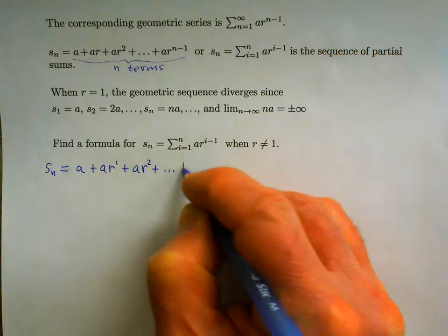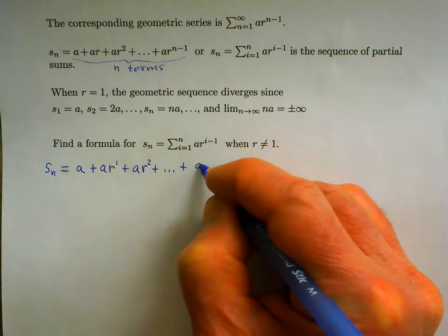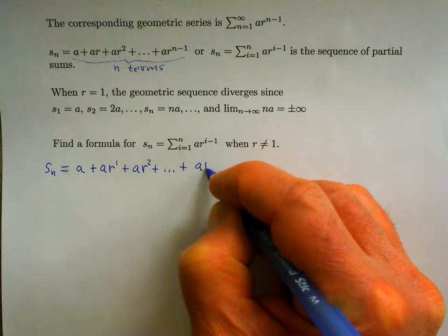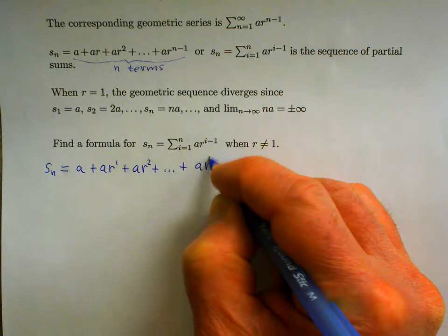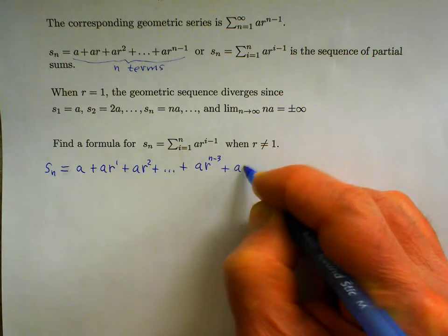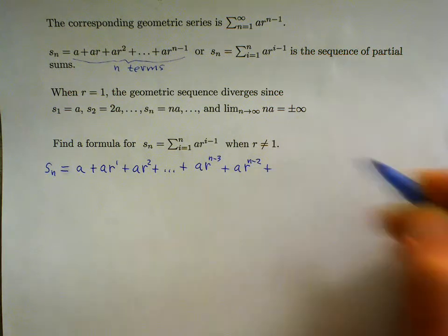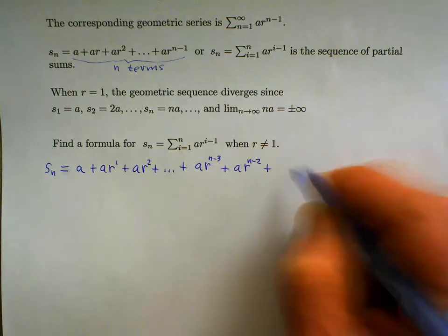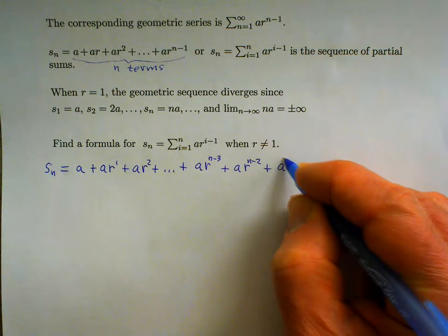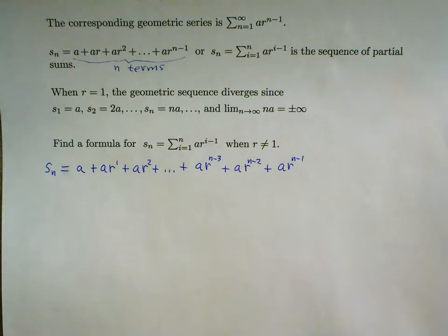At the other end, let's write three terms: a times r to the n minus 3 plus a times r to the n minus 2. And then the nth term is a times r to the n minus 1. Okay, are we all in agreement about that?